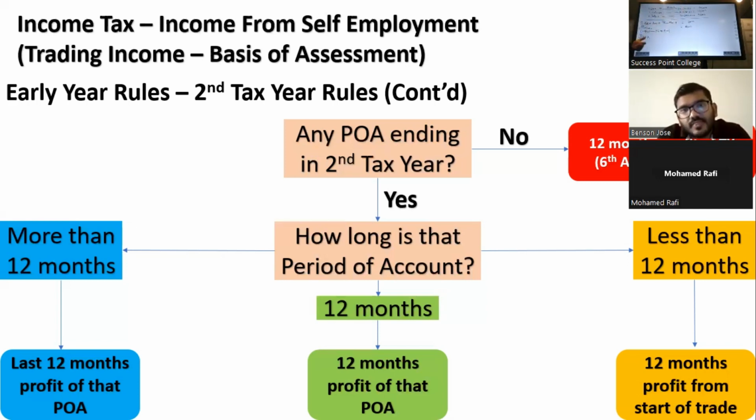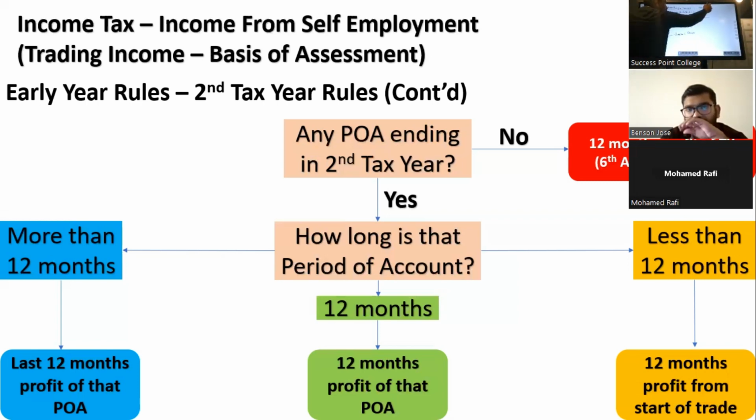So in this case, I will take the last 12 months profit for the third year. Last 12 months means from July 19 to June 20. These are the 12 months. If I count the 12 months of this period, last 12 months, those are July 19 to June 20. Again, those would be 60,000.